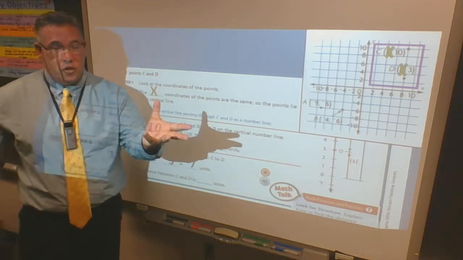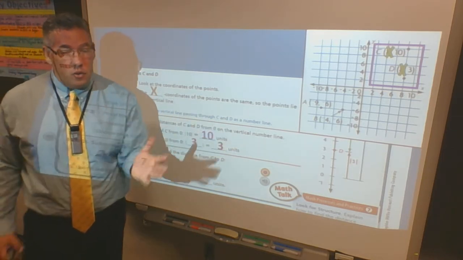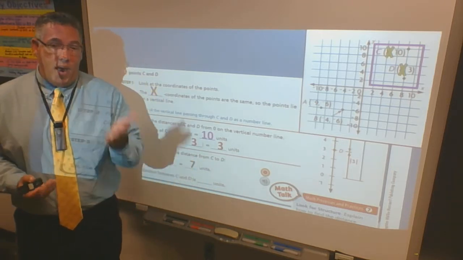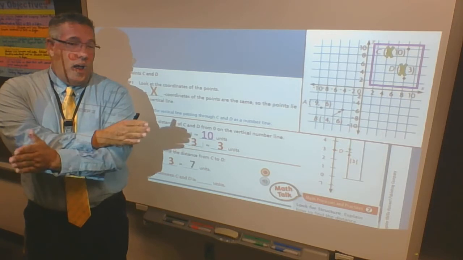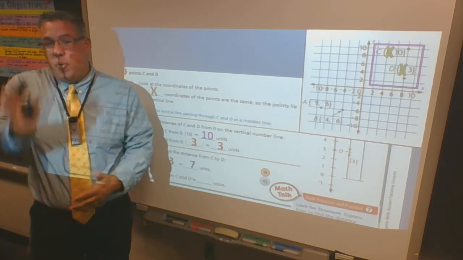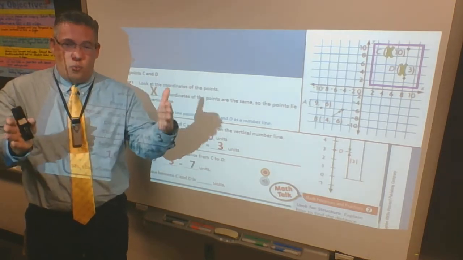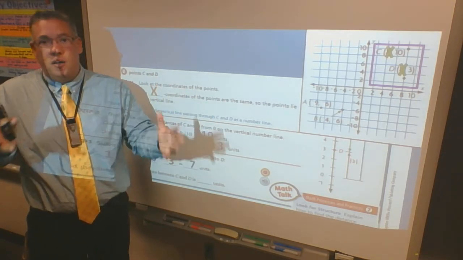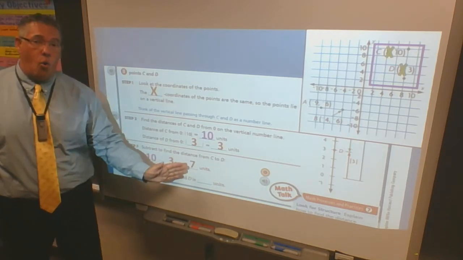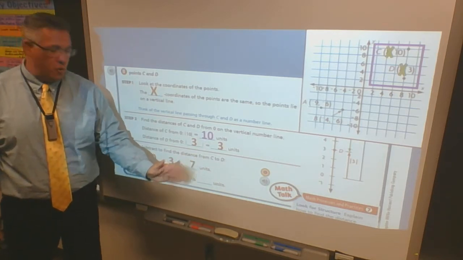Now, I know that you're going to be aware of this, but we are getting into using positive and negative numbers. If I happen to line it up as 3 minus 10, I don't want to come up with a negative number in these answers. So I'm just going to put the 10 in front and subtract the 3, because this isn't an adding and subtracting integers math lesson. This is getting a whole number for a measurement in units.